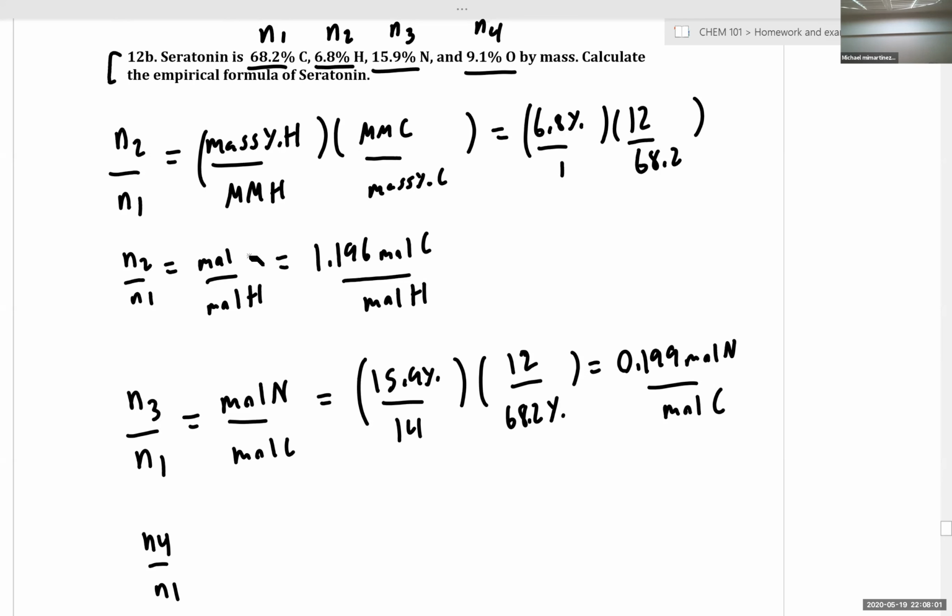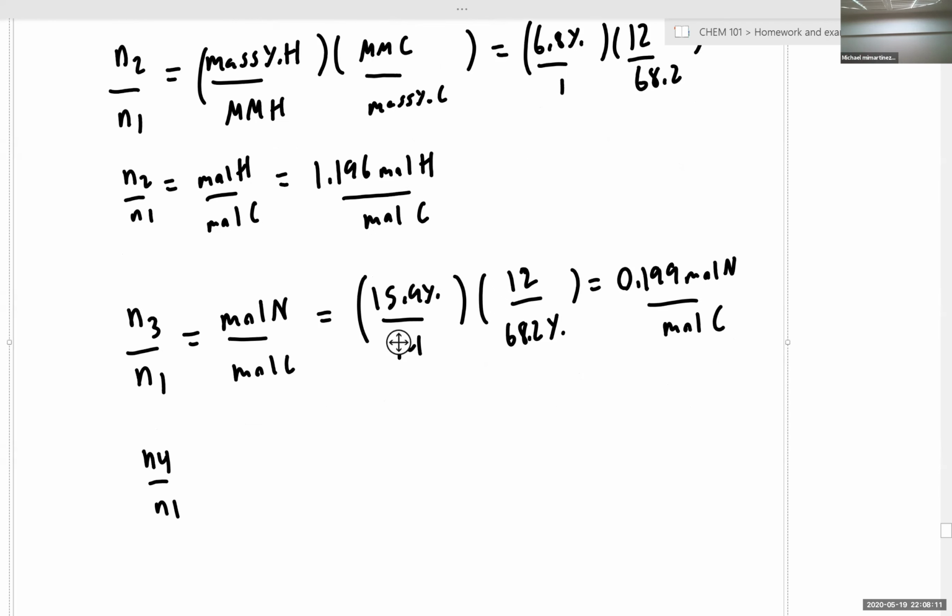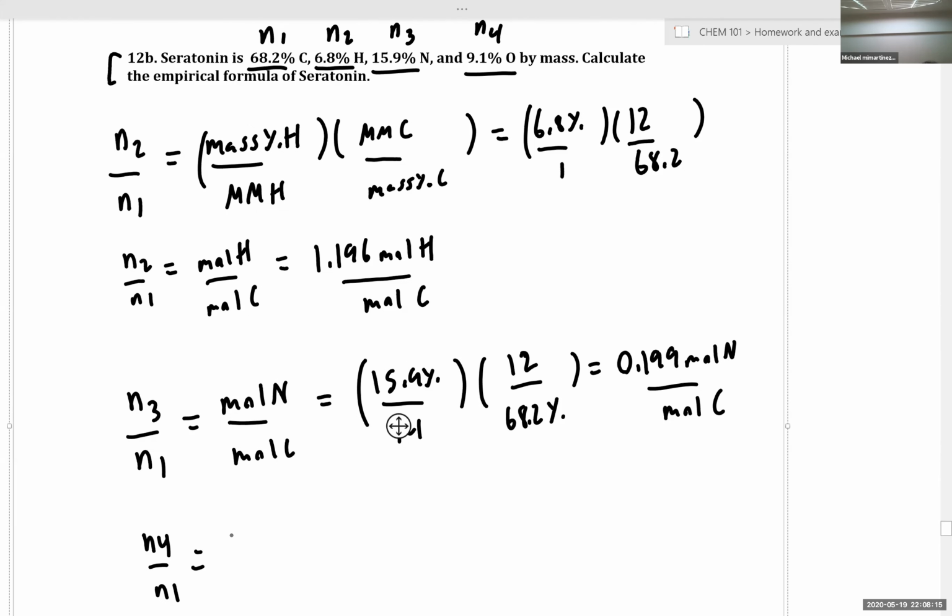And N2 over N1 should be the moles of hydrogen per mole of carbon. Okay, let's do N4 over N1, which is the moles of oxygen per mole of carbon.